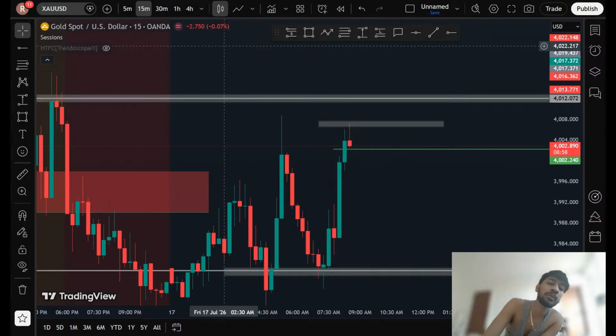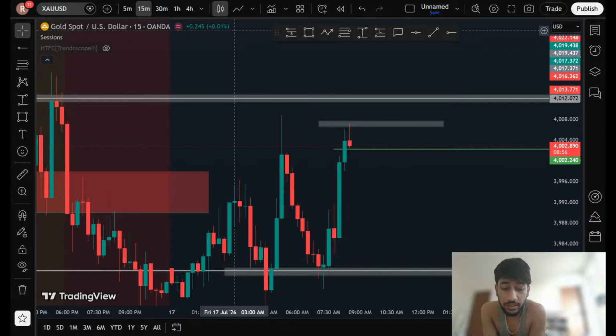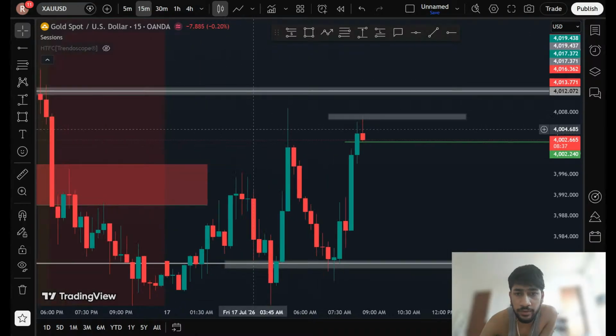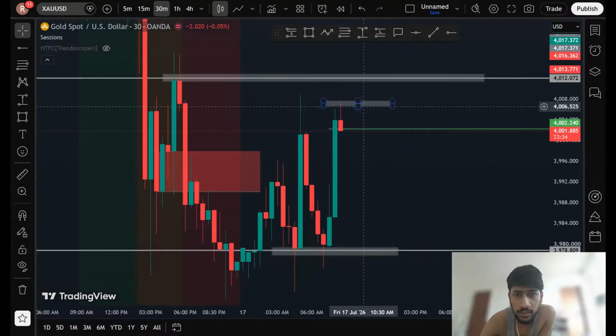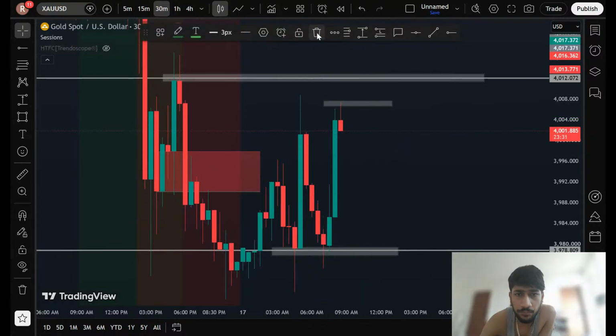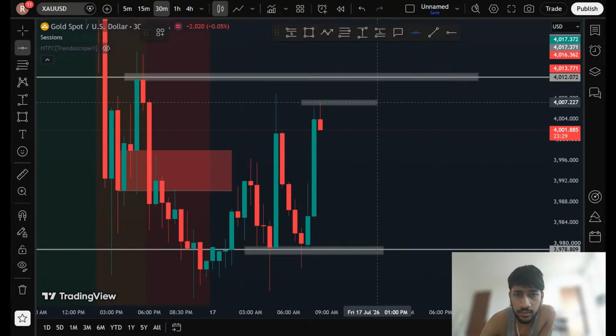So the whole point of trading is to find either rejection zones or a clean range, and we just execute on clean ranges. As of now, we have nothing to do. We'll just wait for this 15-minute candle to close.